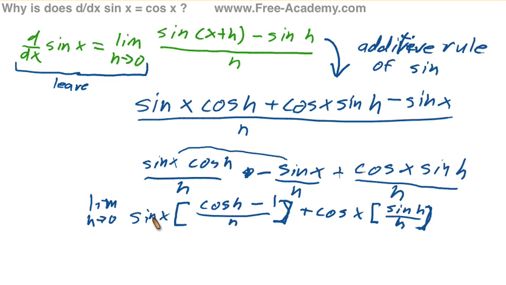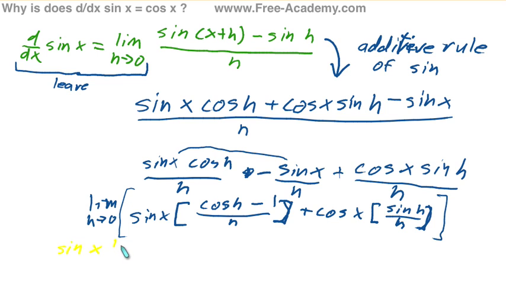Okay, now we're in a position where we can apply the limit to this broad term here. Sine of x and cosine of x have no h in the term, so nothing's going to happen when we apply the limit. So we can pull those right out.